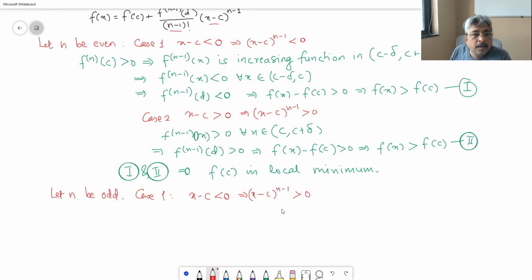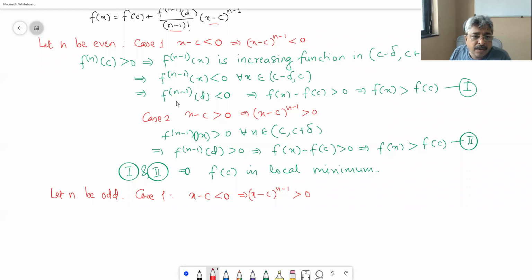Right? Because if n is odd, n minus 1 is even, and whether positive or negative inside the bracket, it will be greater than 0. Then I think this conclusion will continue to remain the same. It does not matter whether n is even or odd, it is not dependent on that.